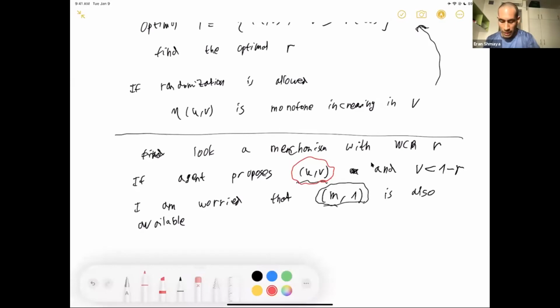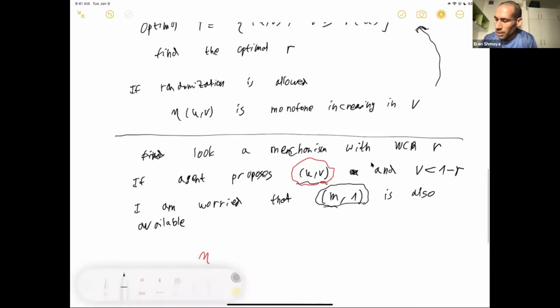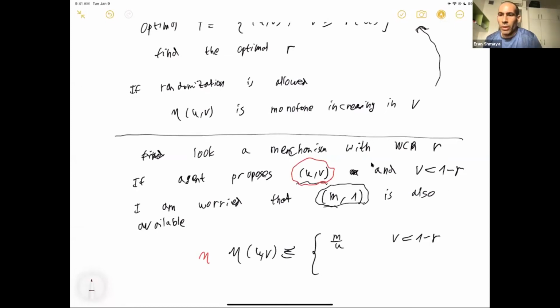All this is to say that eta UV must be at most M over U if V is smaller than 1 minus R. I cannot accept with high probability, because then the agent will hide the black project.